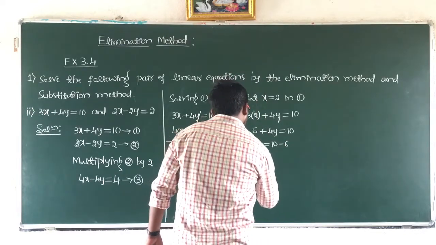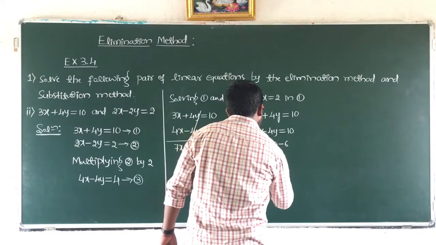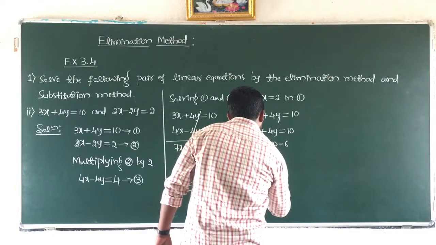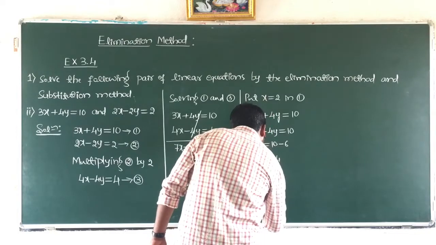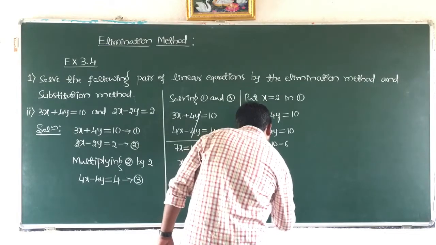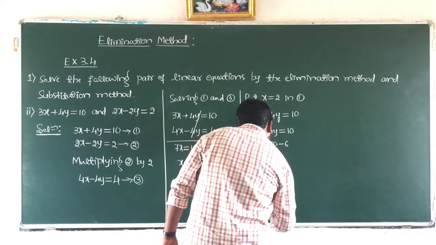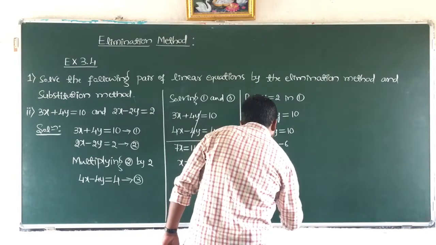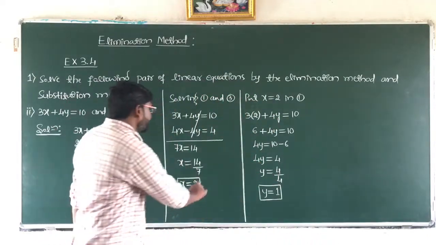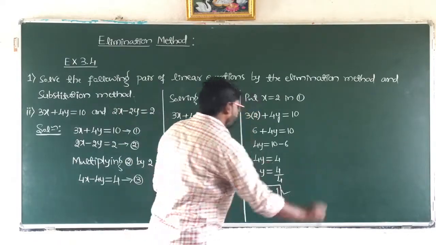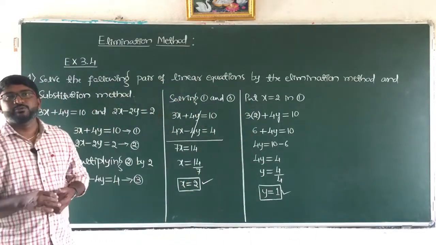Then 4y, 10 minus 6 will be 4. Then y which is equals to 4 by 4. Then y which is equals to 1. So here 4 and 4 get cancels, y is 1. So these are the values of x and y. So this is all about the second sub question.